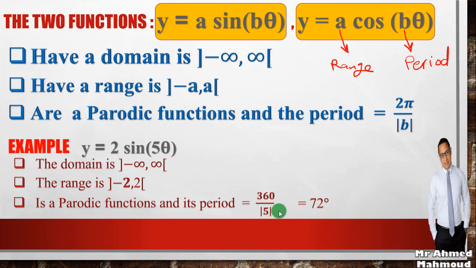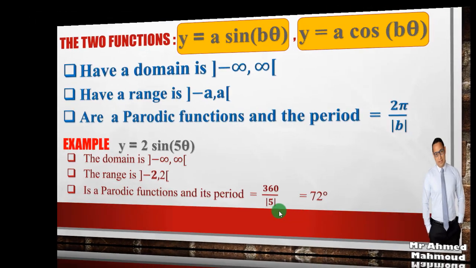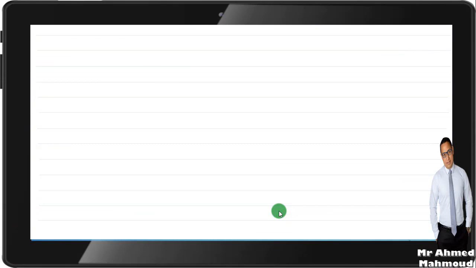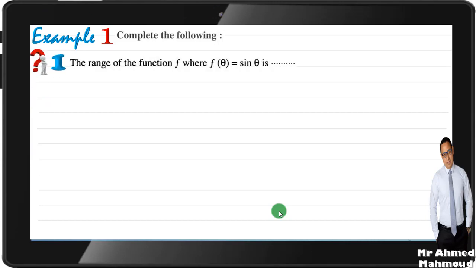Let's solve the next question. The range of the function f of theta equals sine theta, because we have here 1, will be from negative 1 to 1.